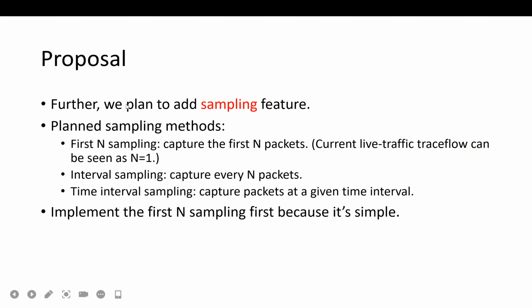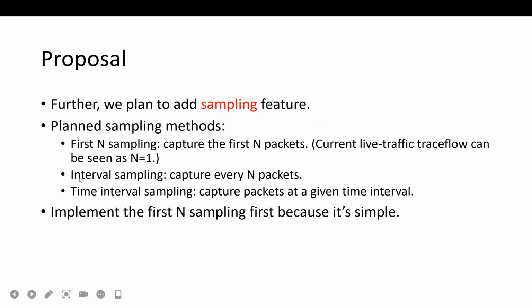But only capturing the first packet is not enough, so we plan to add the sampling feature to the TraceFlow. We plan to add 3 sampling methods. The first is the so-called first-hand sampling, that is, we capture the first-hand packets.